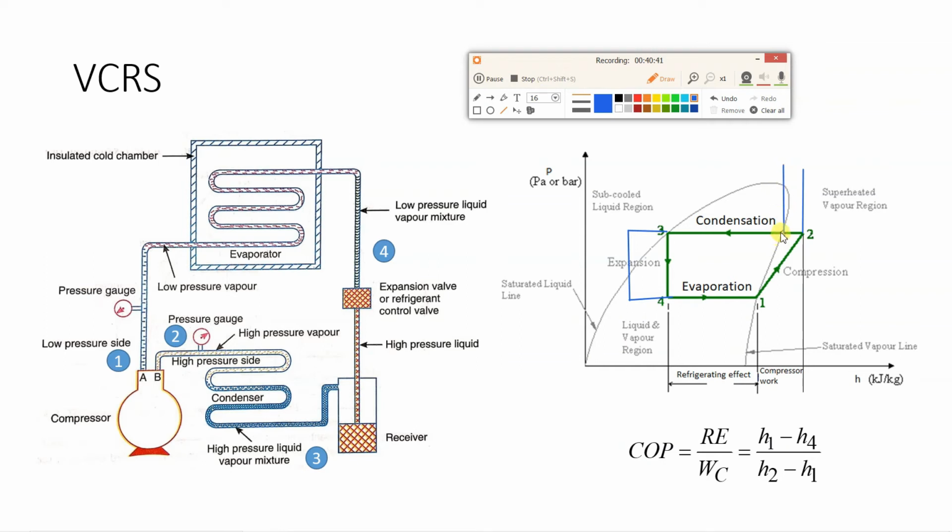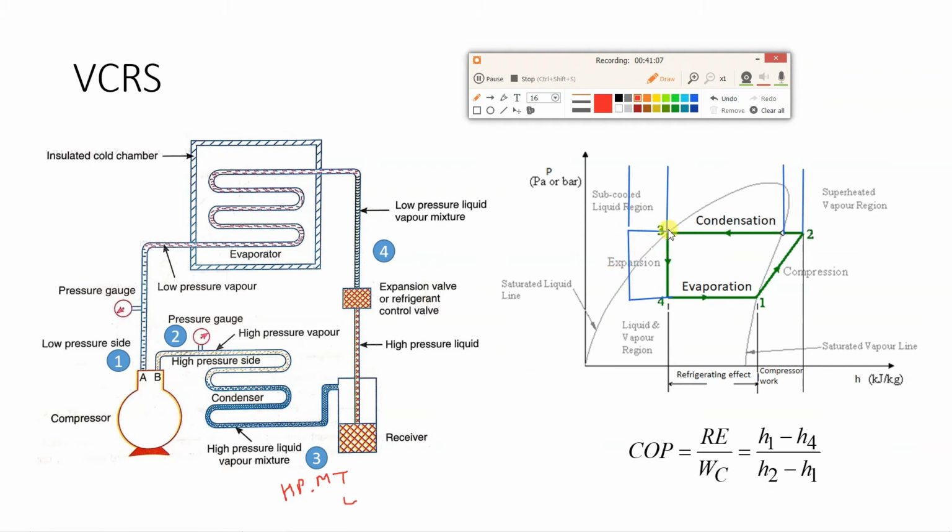Then from this point to point 3, it will be condensation, where phase is changing. And then from 3 to this point, there will be sensible heat rejection, and this point will be subcooled point. So at point 3, we can have high pressure, medium temperature, liquid. This liquid can be saturated or subcooled.